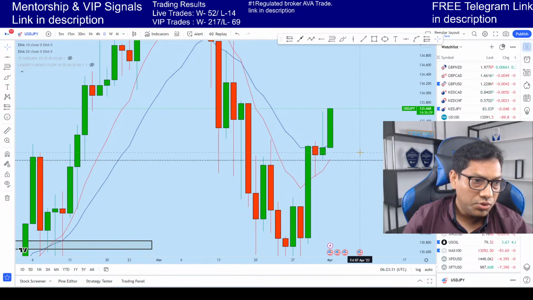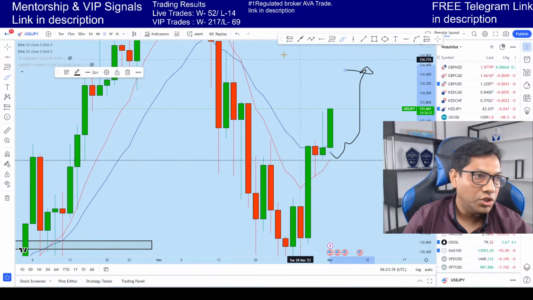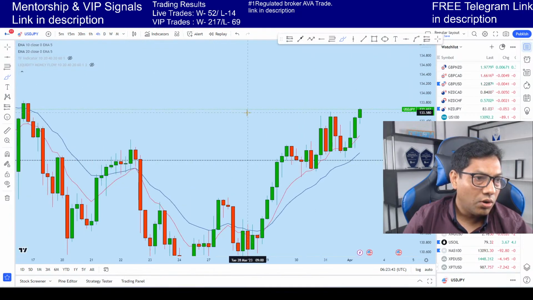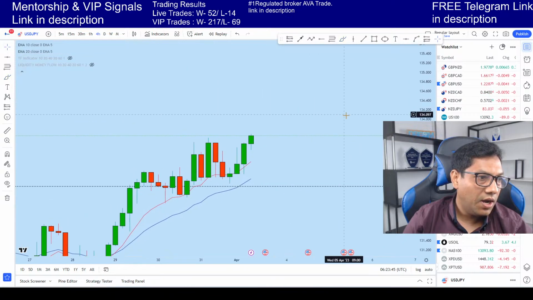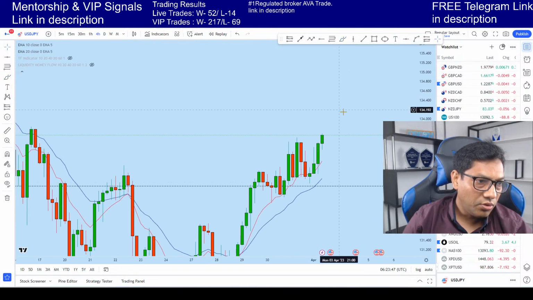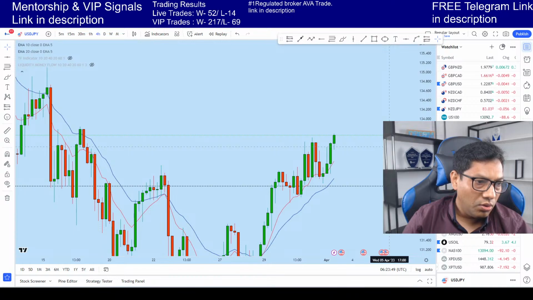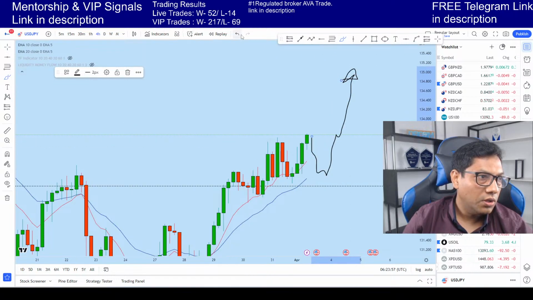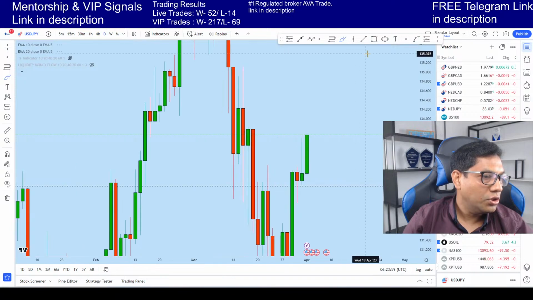Especially I want to see this daily candle cross this doji's low, and only then will I be looking for a potential buying opportunity. From the 4-hour perspective, we see the market trying to create a bullish move. I will be waiting for the price to come down for a pullback, and then we'll look for a potential bullish trading opportunity on dollar yen.